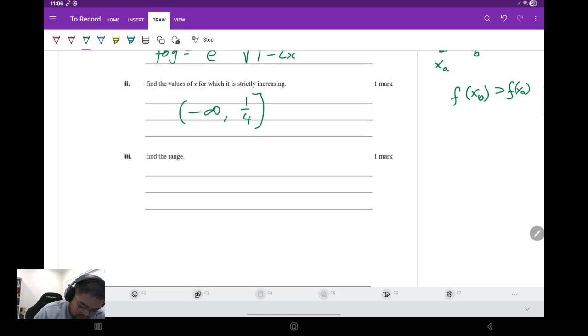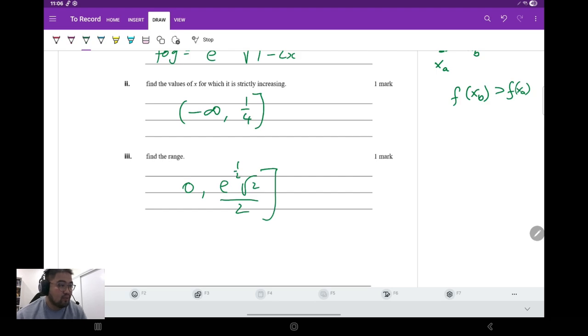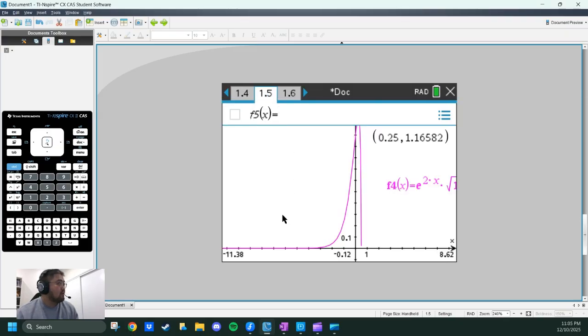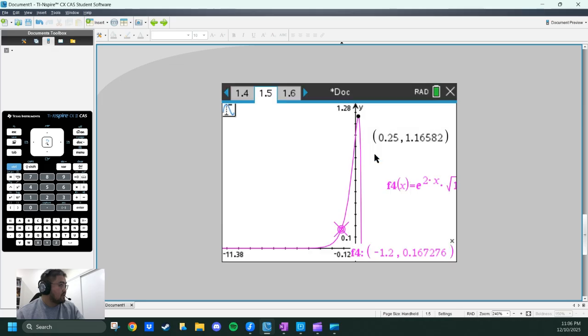So the range is from 0, but we don't want 0. In this case, I'm just wondering, root 2 on 2. Just thinking if 0, so this one here, that's included. Do we have round brackets or do we have square? Let's use a bit of trace, graph trace. Do we get 0?